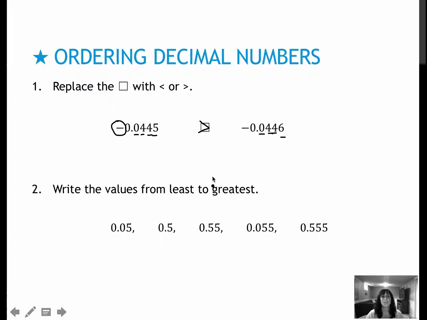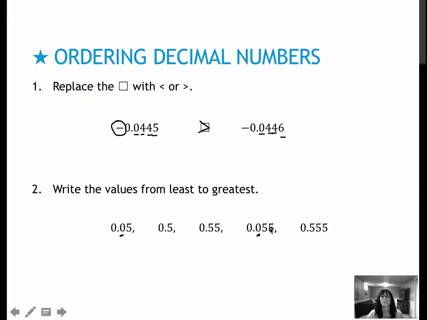For my next example, writing from least to greatest, again, there's a lot of 5s going on, a lot of 0s, so just pay attention to the place values. They obviously all have 0 to begin with, so let's look at the tenths place. A tenths place of 0 versus 5 versus 5 versus 0 versus 5. So these two are my smallest numbers.